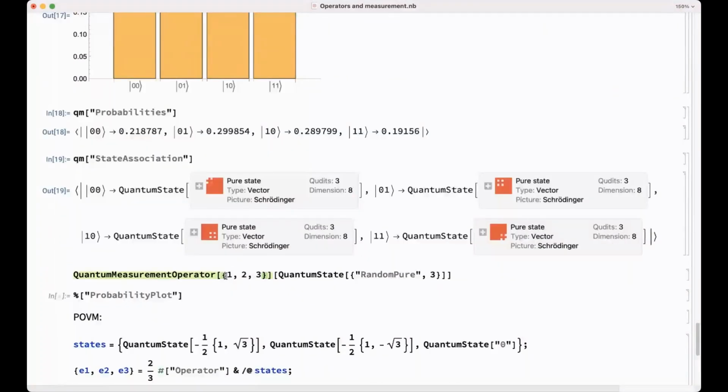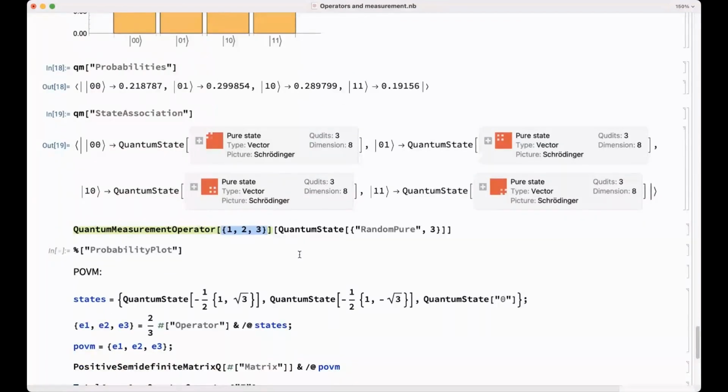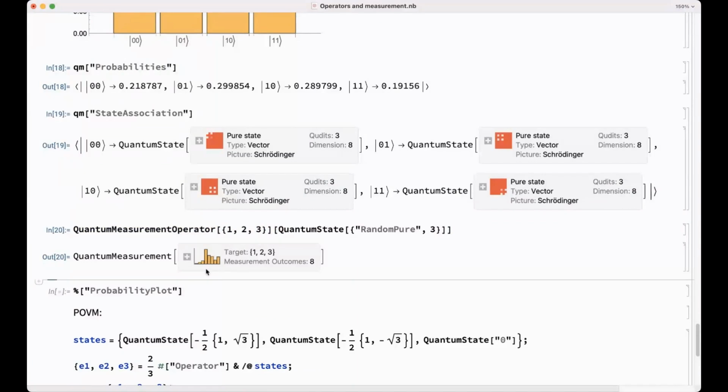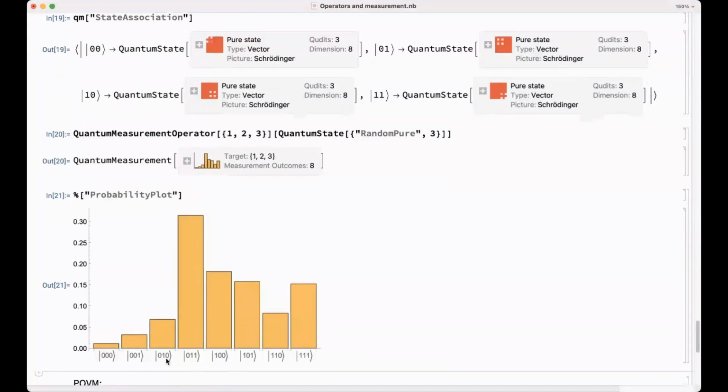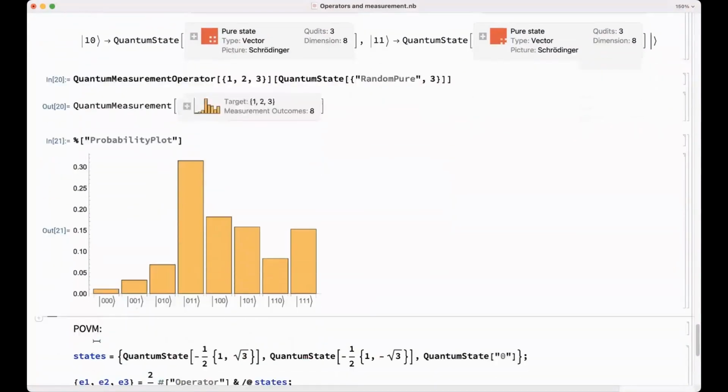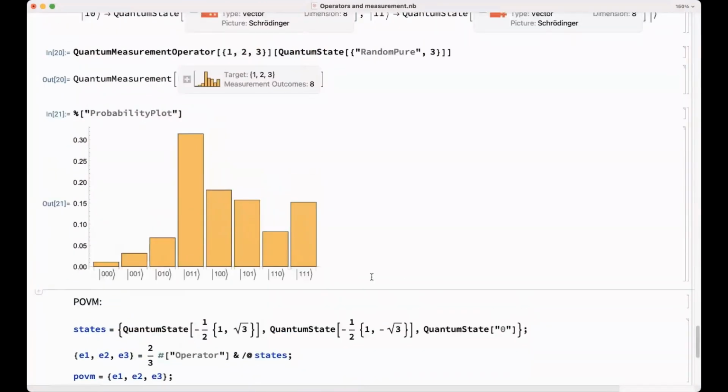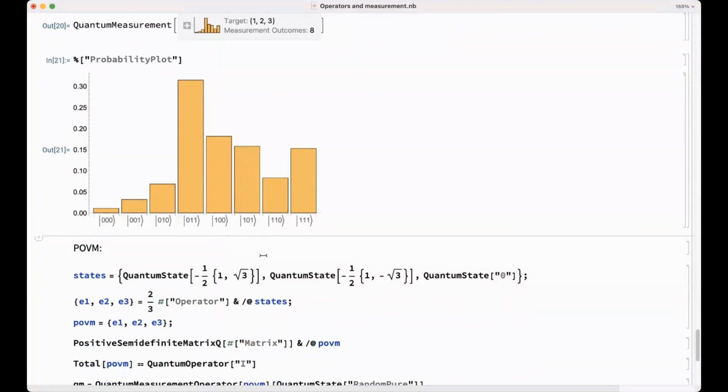Another approach is just measuring all of them. And of course, this time when we look at the probability plots, we are going to get 8 different results that correspond to your measurement. But one interesting feature about measurement is that in our framework, you can do a sequence of measurements.